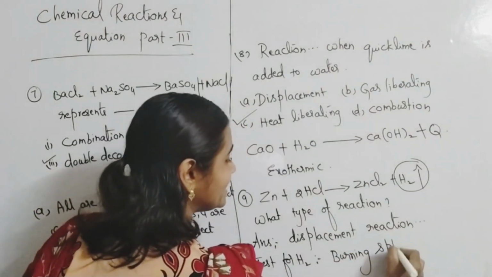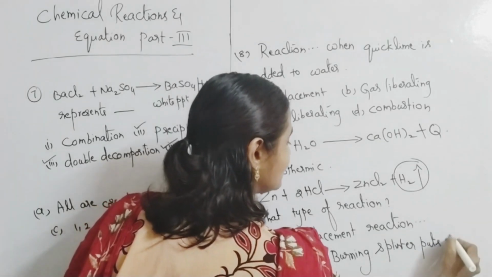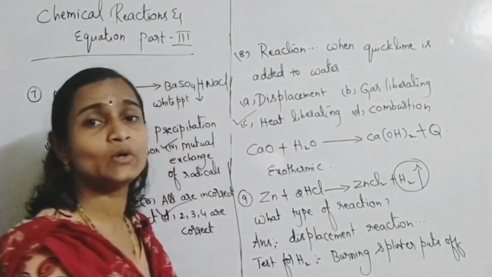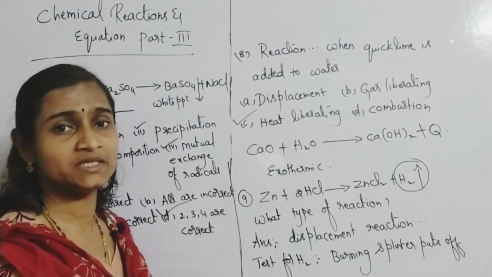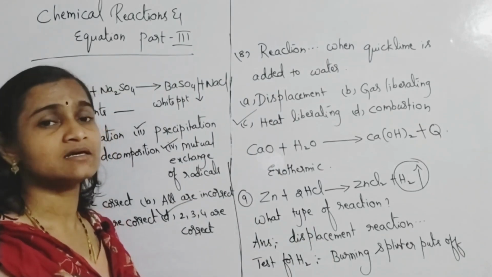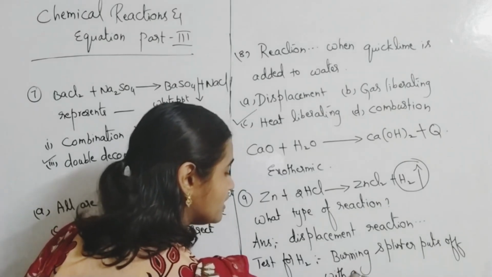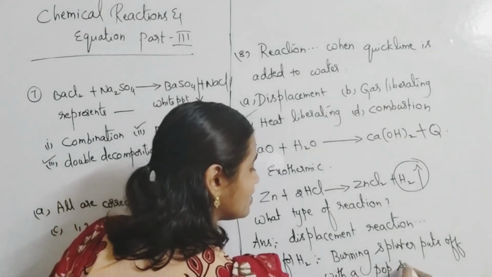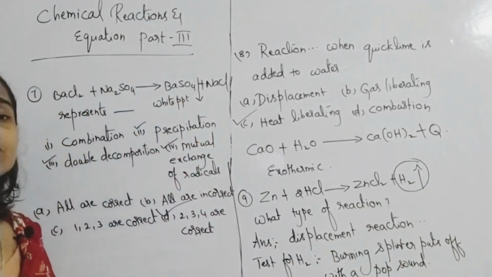Burning splinter means a glowing agarbatti or a glowing matchstick. It puts off with a pop sound. If it happens like that, then you can definitely say that the gas liberated is hydrogen only.